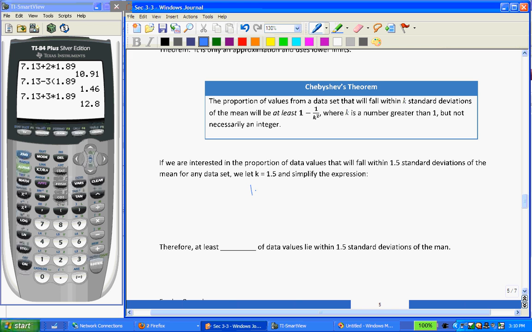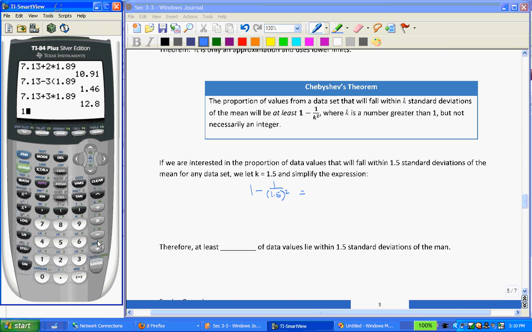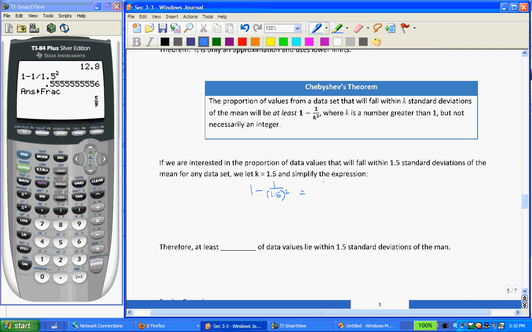So I take 1 minus 1 over 1.5 squared, and I'll throw that in my calculator. And I get 0.556, which I prefer as a fraction for a number like that. So if you hit math and the first entry, arrow fraction, that'll turn that into a fraction for us. So that's 5/9. But if you prefer, you can write the decimal.